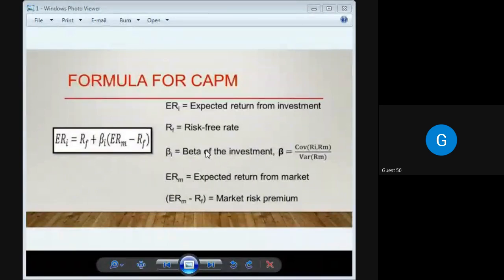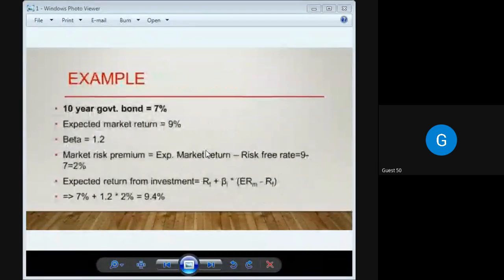First of all, we will find out the market risk premium, that is, expected market return minus risk-free rate. So the market return is 9%, and the risk-free rate is 7%. When you subtract, you get the market risk premium, that is 2%.